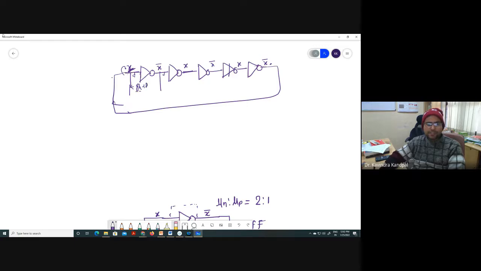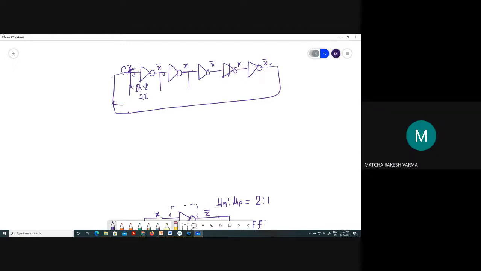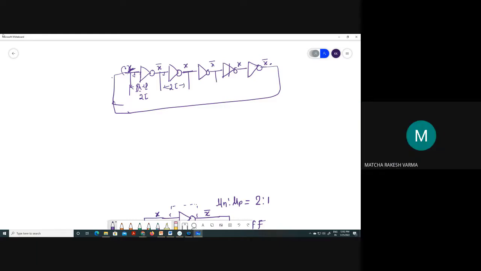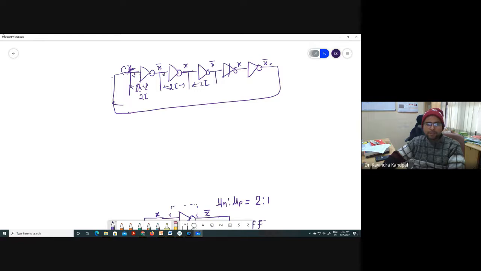G is 1, H is 1, and let's assume P of the inverter to be 1. Can I say the delay is 2 tau? Similarly, this will also give you 2 tau, and this also gives 2 tau.